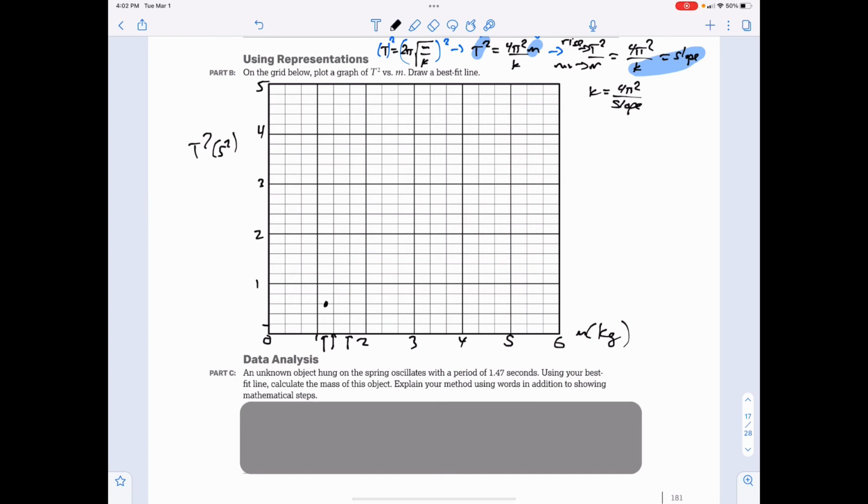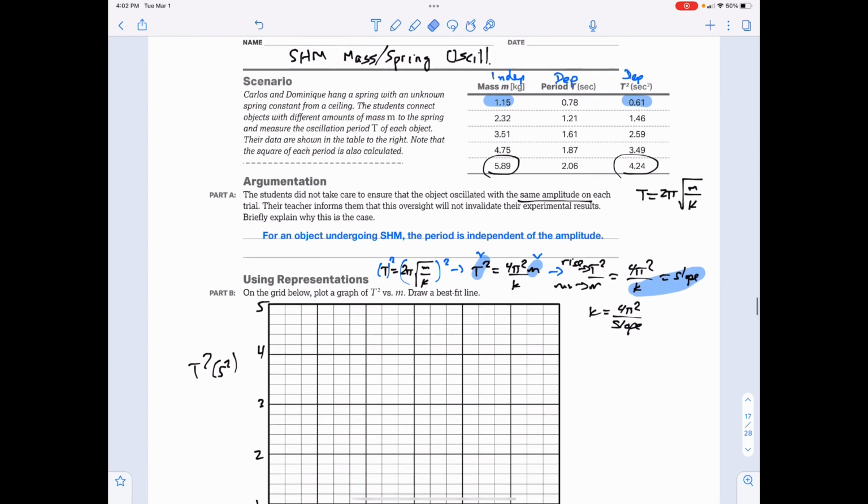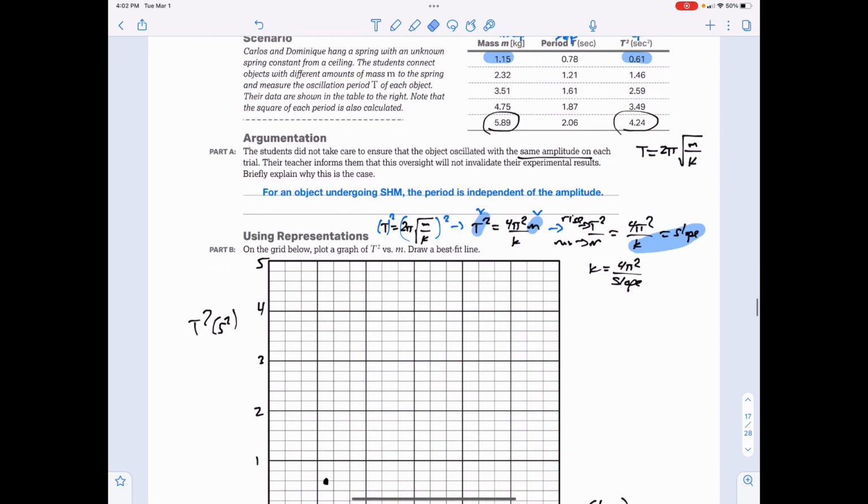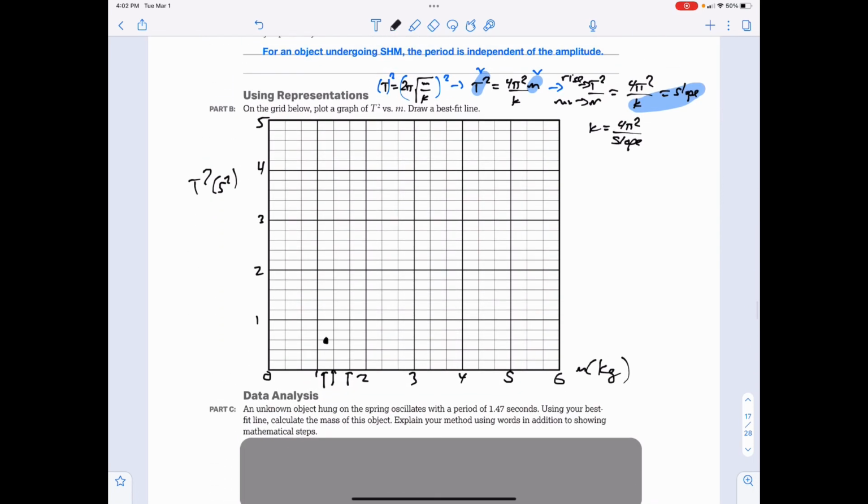So the first point is roughly about there. Second one, we're going over 2.3 and up 1.46. 2.3 is about 2 1/3 right there. 1.46, well, 1.2, 1.4, 1.6, so 1.46 is a little bit higher. About right there.